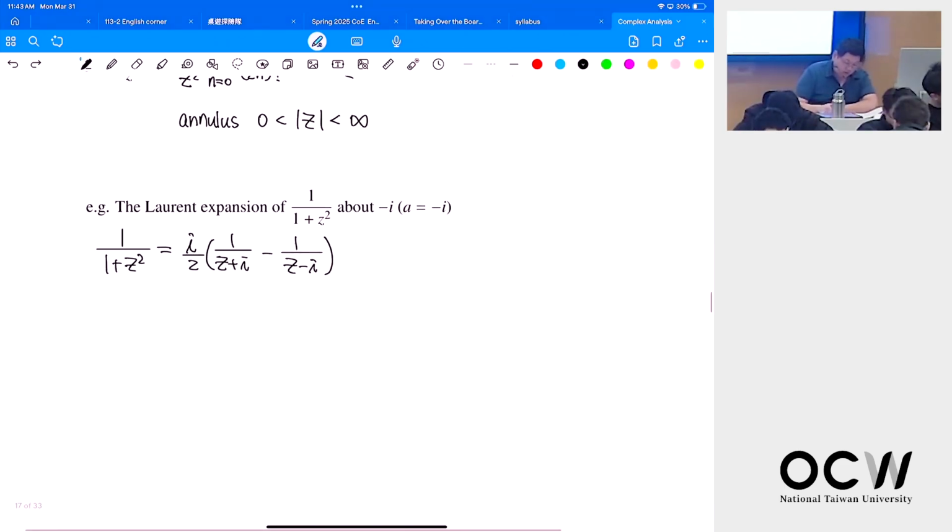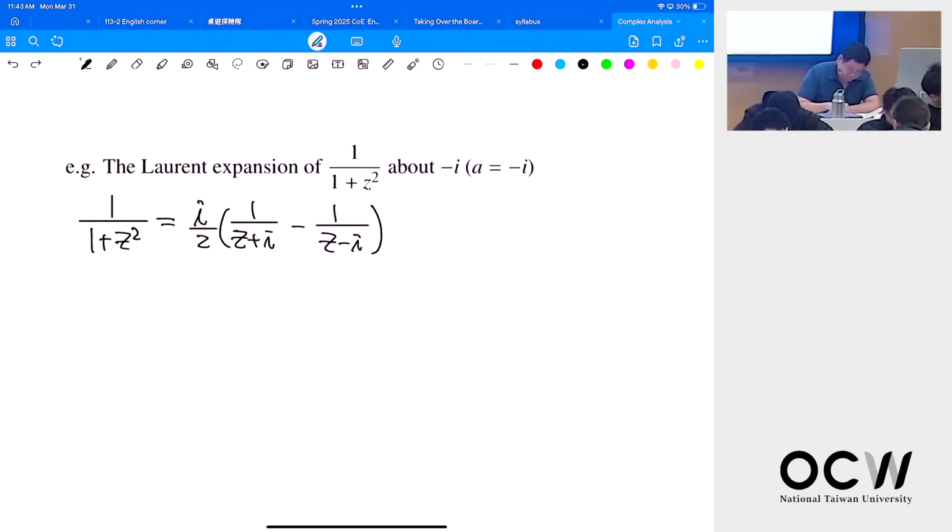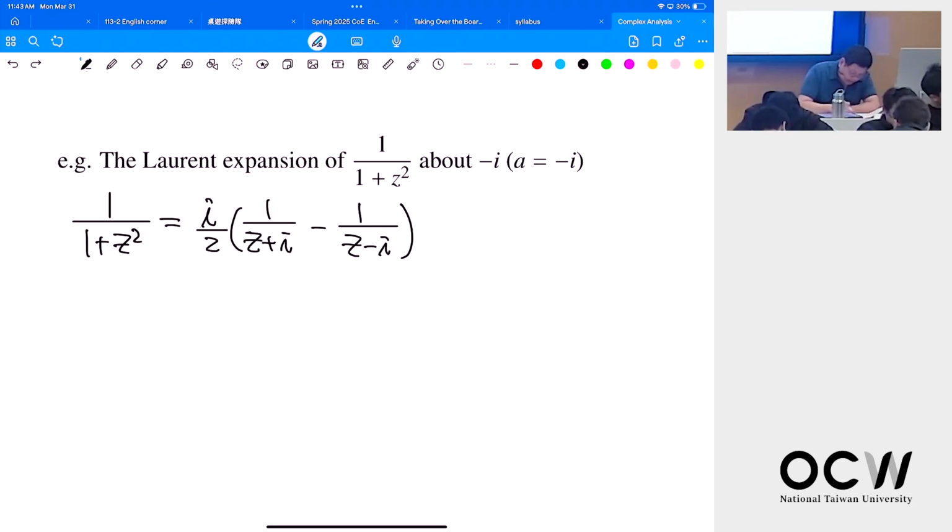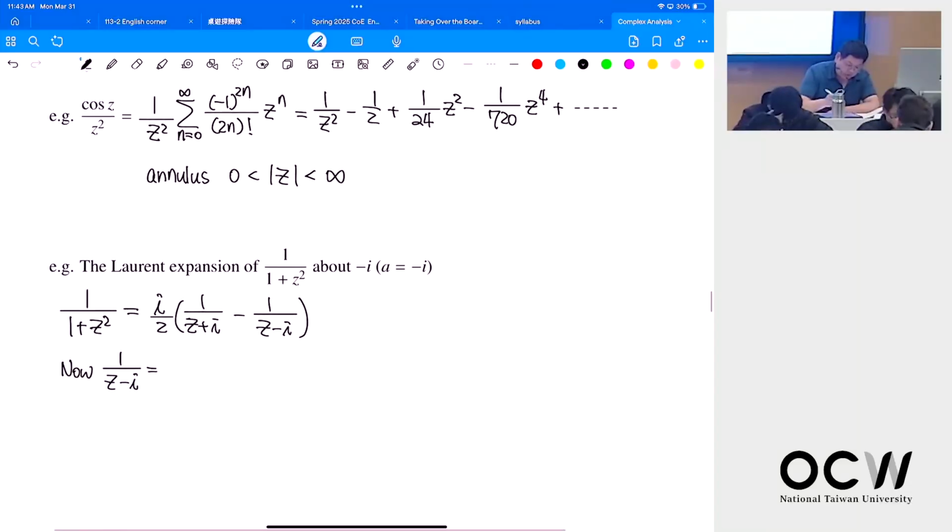So how do I do this? For this part, 1 over z minus I, remember, we need to create the ratio.